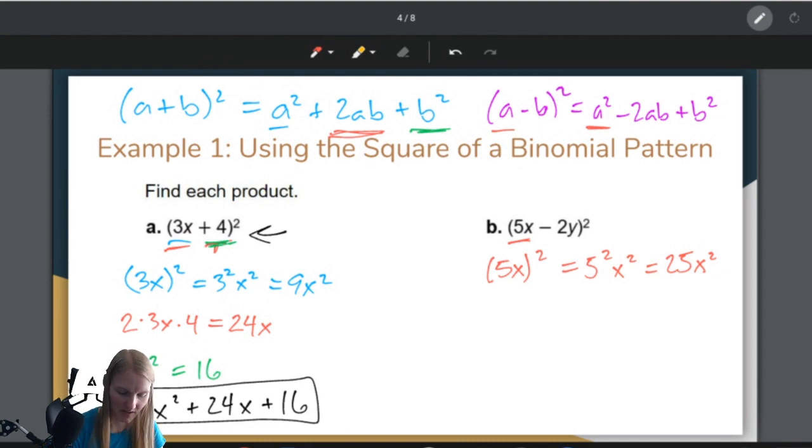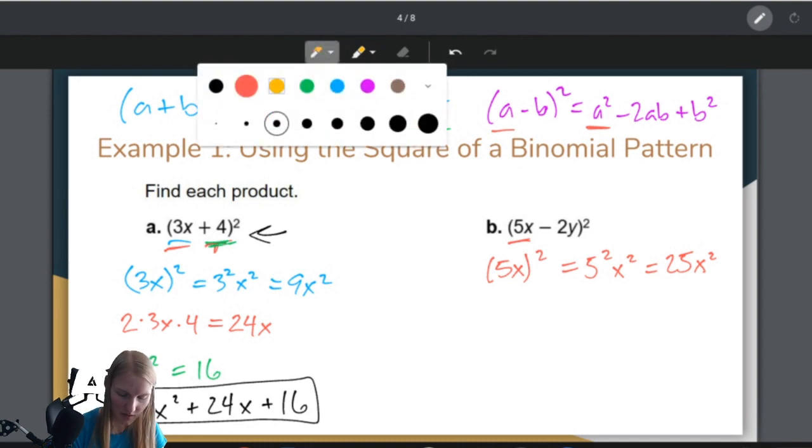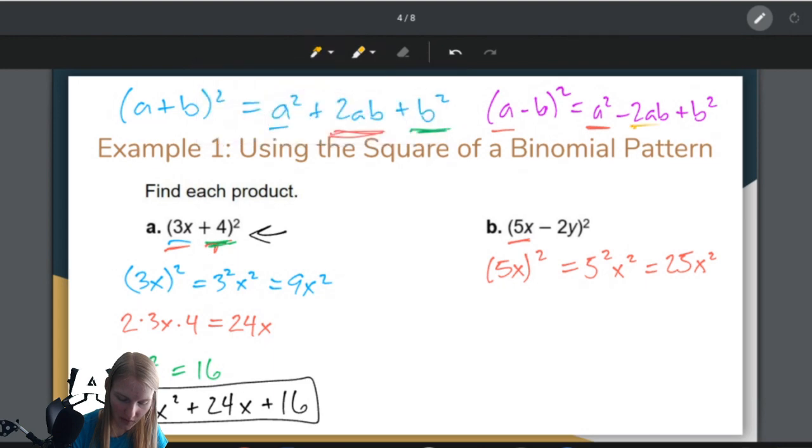It's the middle one that gets a little bit tricky. So let's do that together. 2 times a. And remember, a is the first term here. So 2 times 5x. So that was the a. Now we need the b.